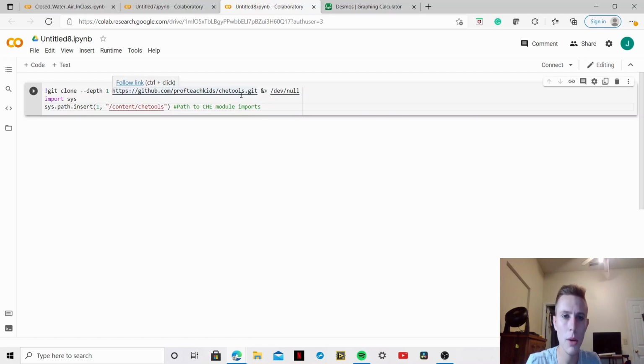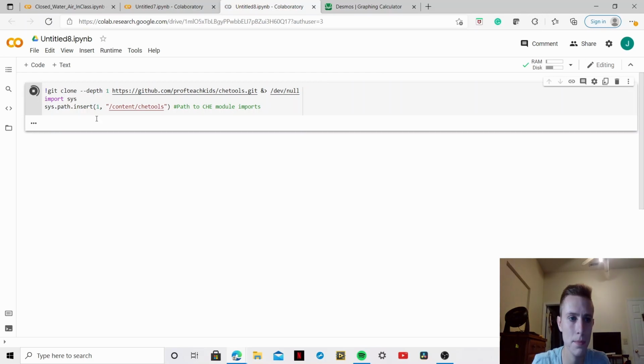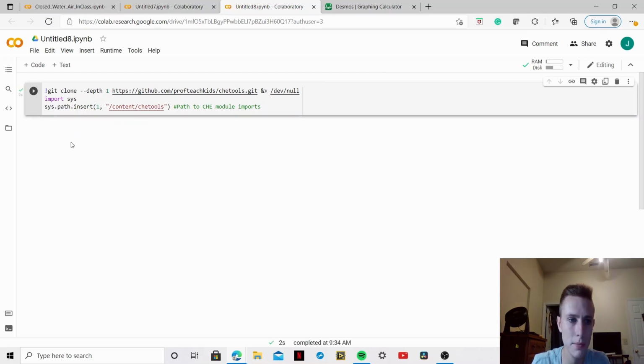CHE Tools is a workbook in GitHub that has a bunch of different data, equations, and programs that allow us to solve for different compounds, and different properties about them, whether it's anything from vapor pressure to density to heat of vaporization, and allow us to run multiple complex programs in order to solve for unknowns, rather than doing it by hand on a whiteboard. All right, so we're going to call this in. Make sure everything's initializing, checking here. All right, so it's called in now.